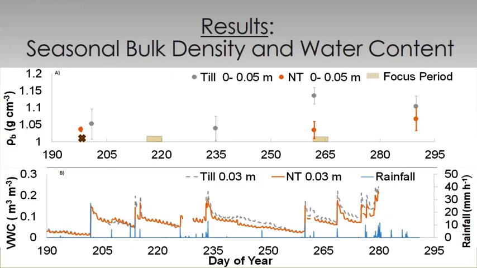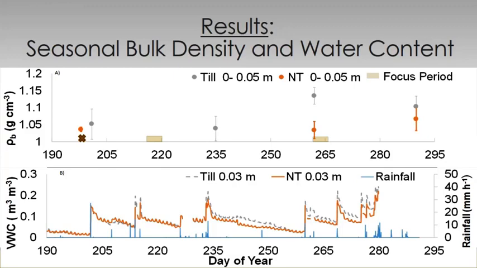Through period one, we assume it would also be similar between the till and no-till sides. But during period two, there is a significant difference between till and no-till bulk densities, where our till side bulk density increased and became higher than the no-till bulk density value.